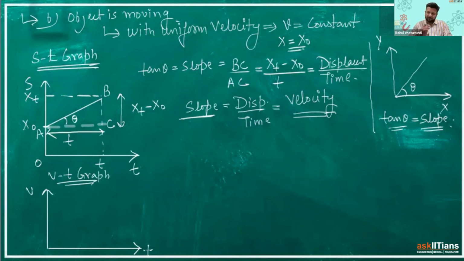So velocity has a constant value, that means the value of velocity will not change throughout the motion. So here v will be constant, right? Velocity is not zero here. Suppose velocity has value v, and this will be the vt graph, right? Getting my point? So this is the case when the object is moving with uniform velocity.